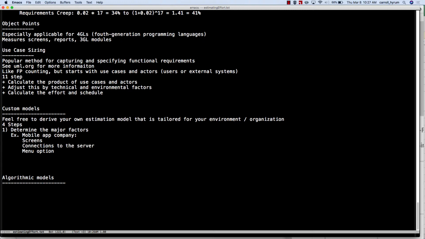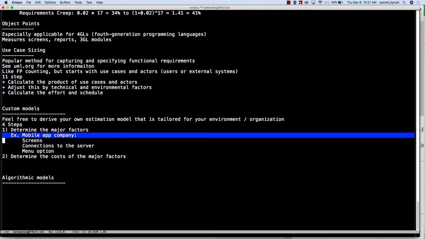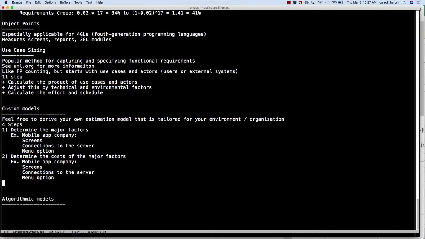Okay? So step 2 then, once you've identified the major factors, what do you feel like has the most impact on your effort? Then it's determine the cost of the major factors. So again, let's go back to our mobile app company that we're going to start up after class.